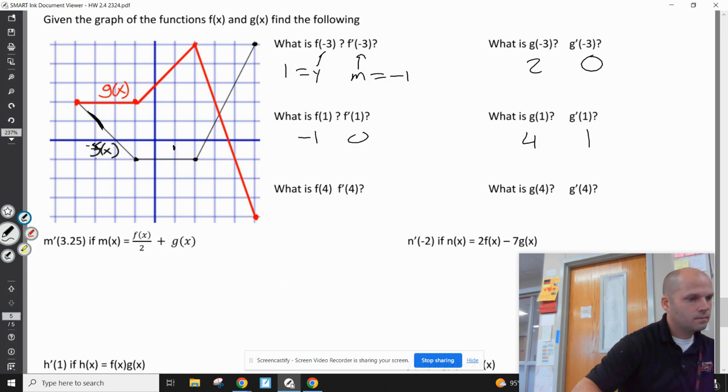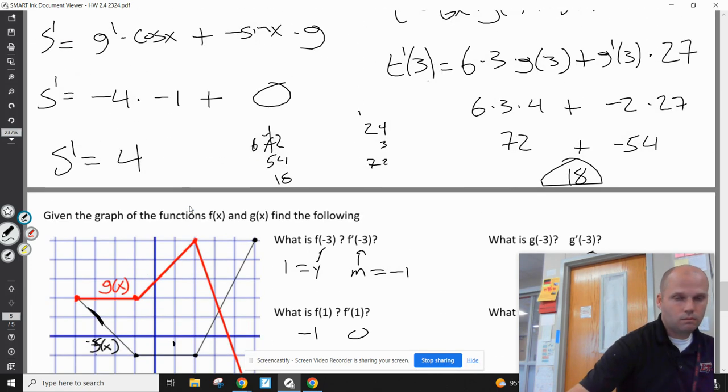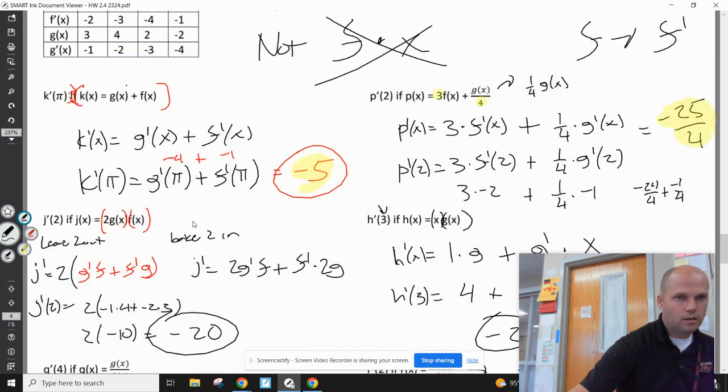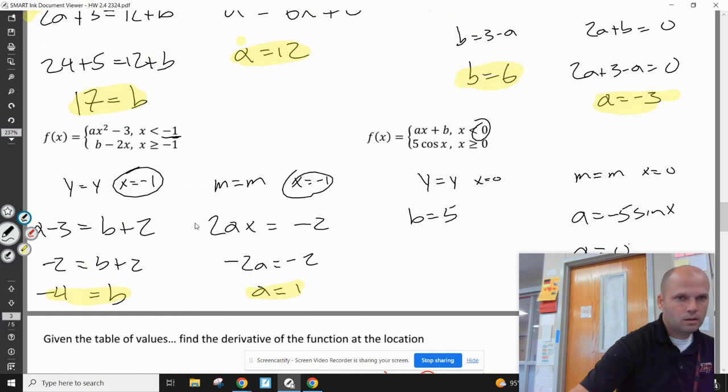Okay, for this one, because I took it for continuity, I did the ax squared, and then I plugged in negative 1. So then it's minus a. No, sorry, a minus 3. And then I plugged in this here, and I got b plus 2. So then I said a minus 3 equals b plus 2.